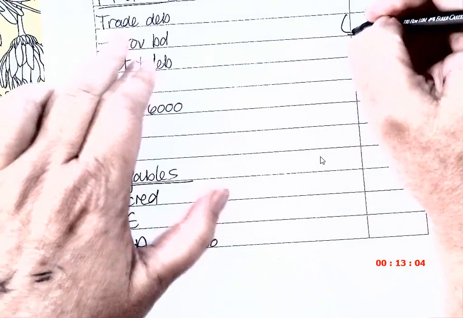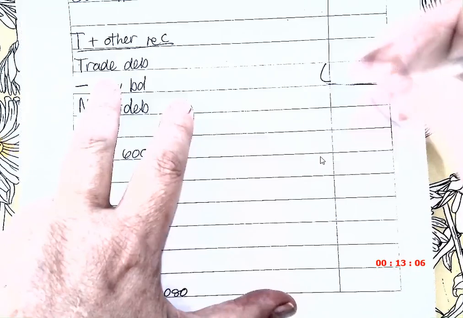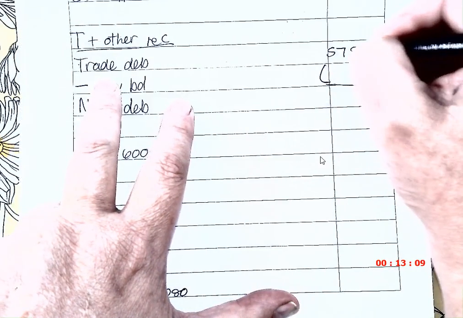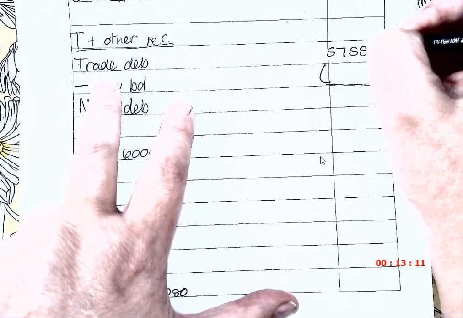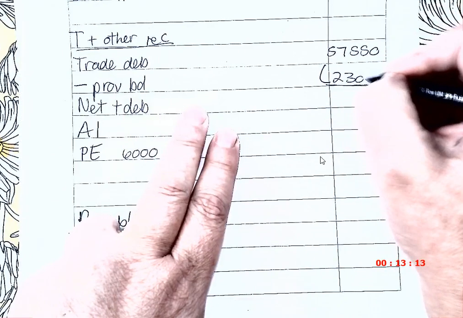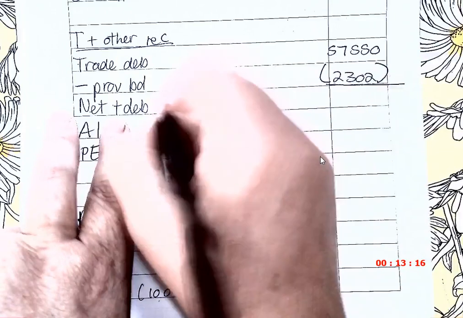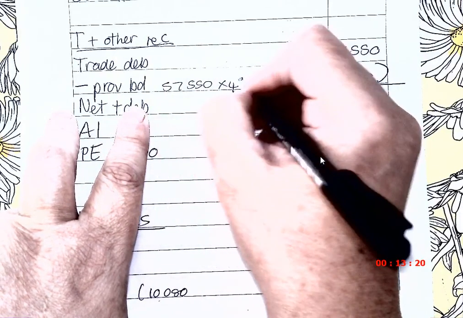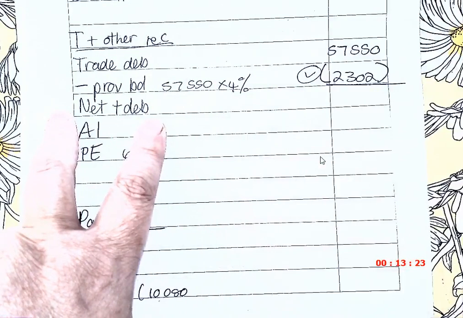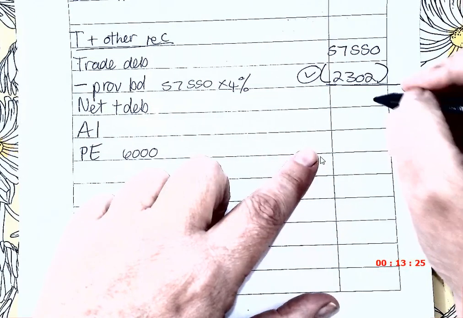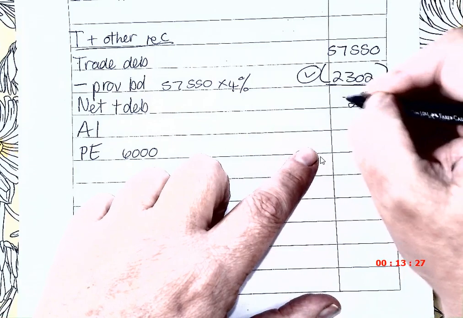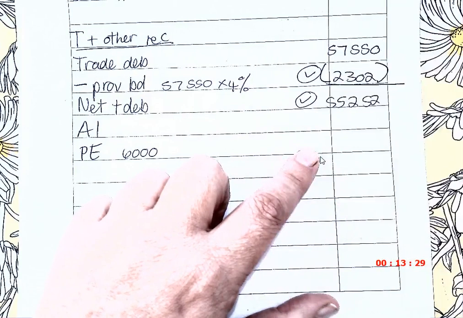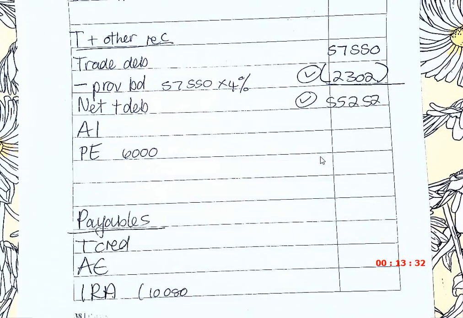Can you see my trade debtors is now 57,550 and this is 2302. If you show me this calculation, 57,550 times 4%, you'll get a principal mark there. And then if you do this, 2525, you'll get another principal mark. Everybody with me? Happiness all around.